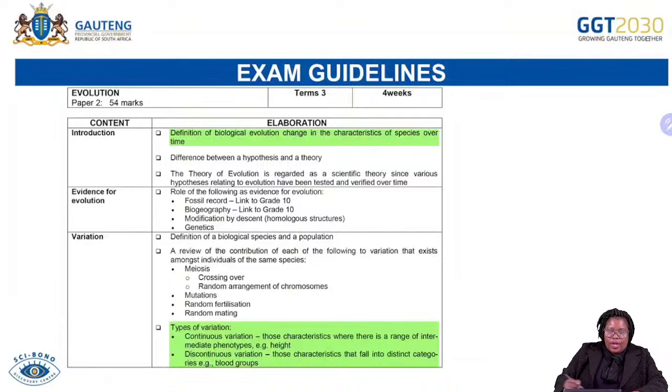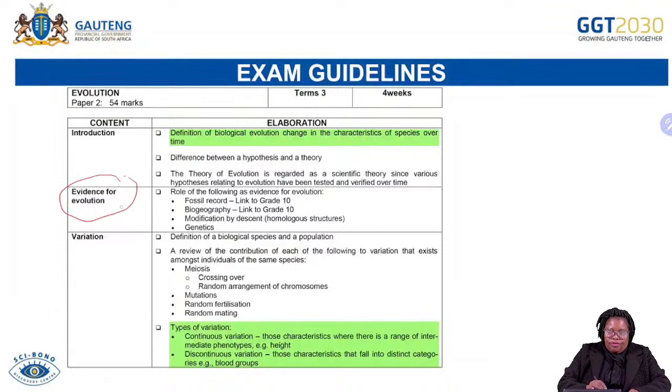Again, we'll be looking at evidence of evolution. On the evidence of evolution, I'm going to refer back to grade 10 work where we did the history of life on Earth. There, we looked at the formation of what? Fossils. Again in grade 12, we are going to be looking at the formation of fossils.